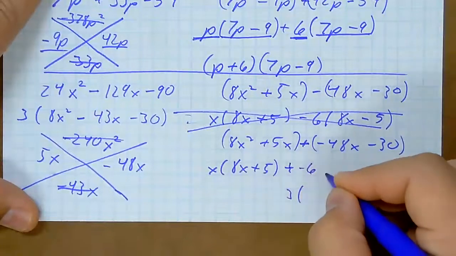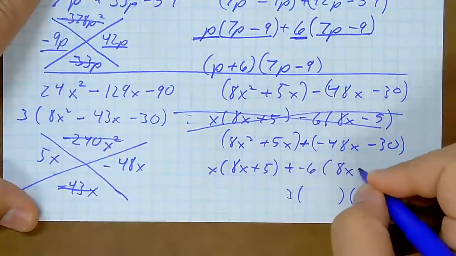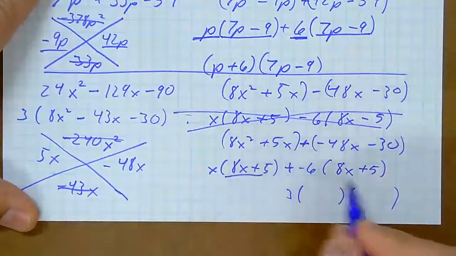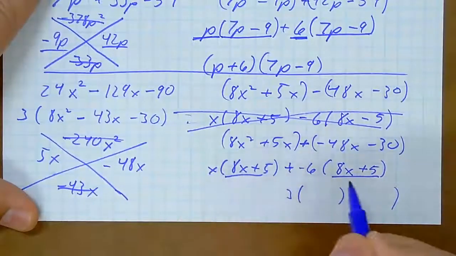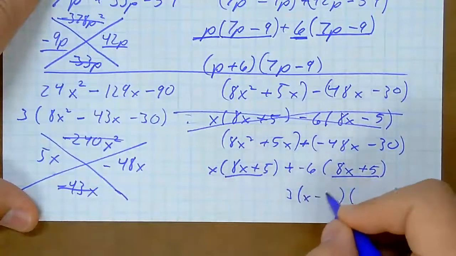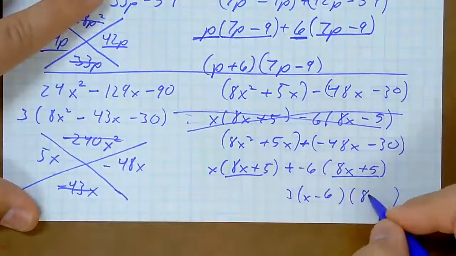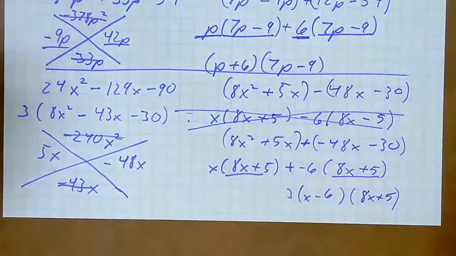So -6 times 8x plus 5. Now these match, and that's important. So our GCFs are x and -6, and our leftovers are 8x plus 5.